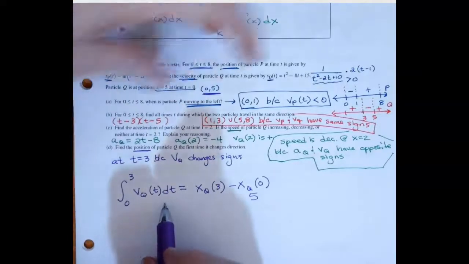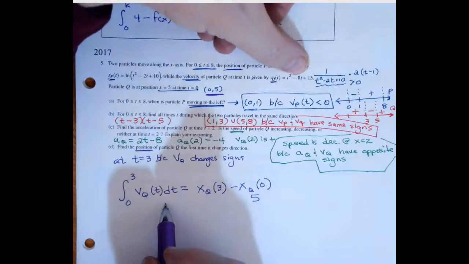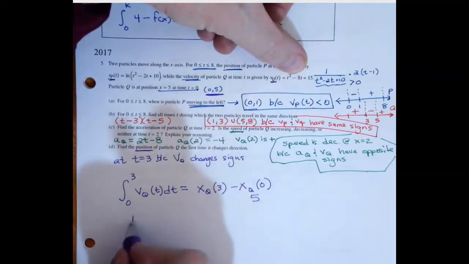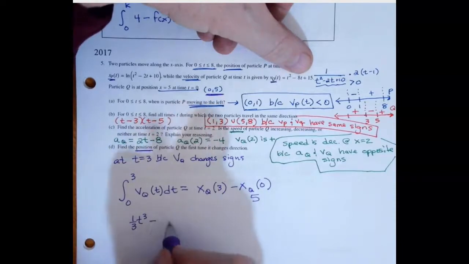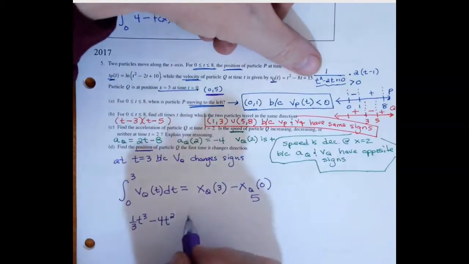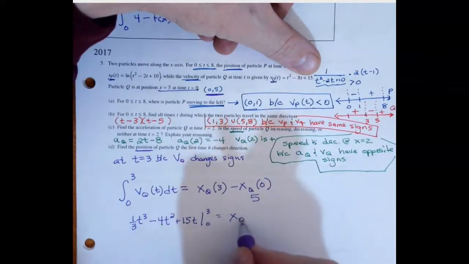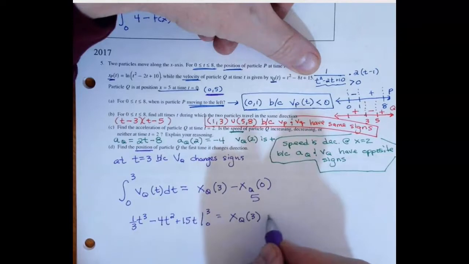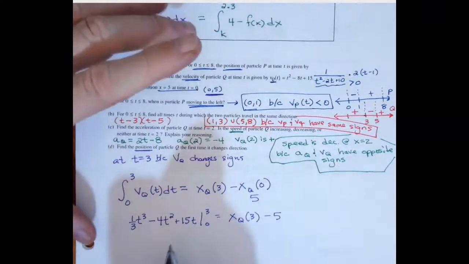So we're integrating this. That's going to be 1/3 t cubed minus t squared divided by 2, so 8 divided by 2 is 4, and then 15t from 0 to 3 equals our position at 3 of Q minus 5, and add 5 to both sides.